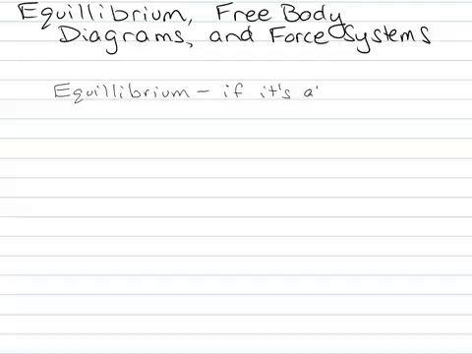Alright, so when we talk about equilibrium, free body diagrams, force systems, hopefully that's statics. In statics, things are in equilibrium. The whole idea of equilibrium is, if it's at rest, it stays at rest.